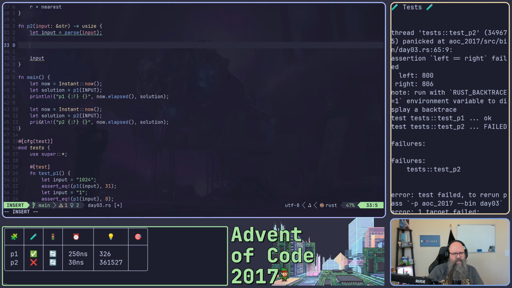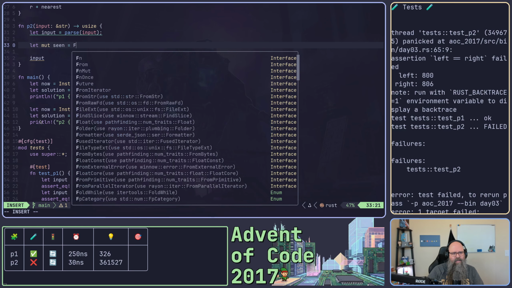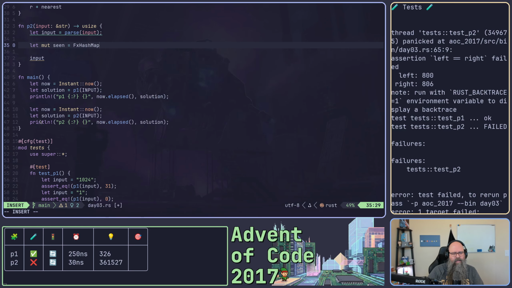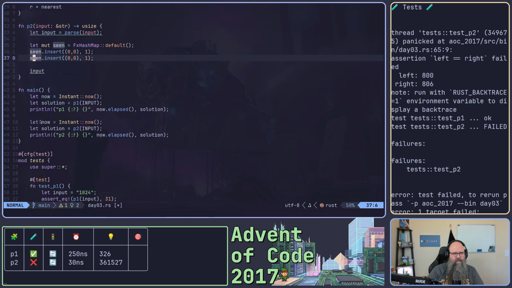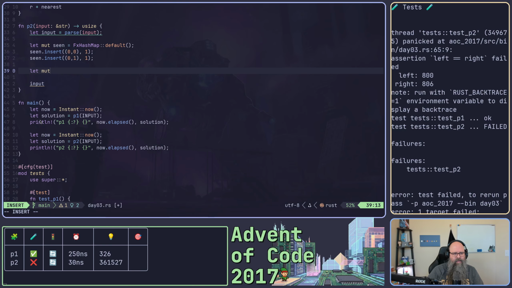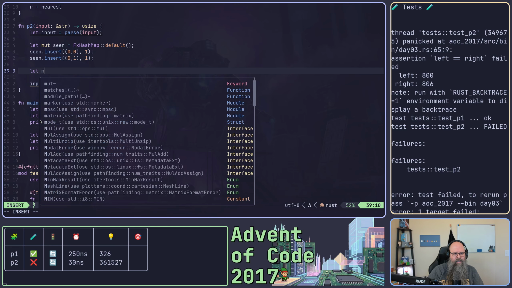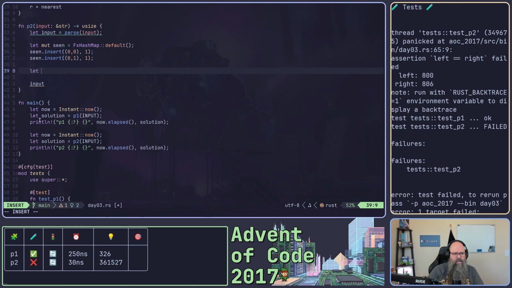So we have our input, and we're gonna say let mut scene equals FxHashMap default. scene.insert (0, 0) is 1, (0, 1) is 1, and we'll say let mut (cx, cy) equals (0, 0, 1).